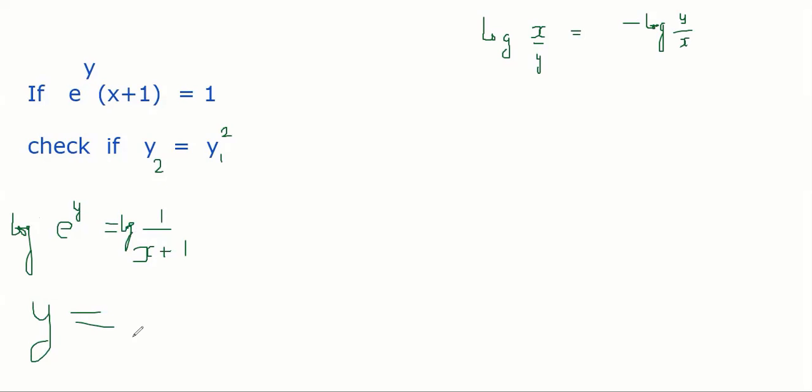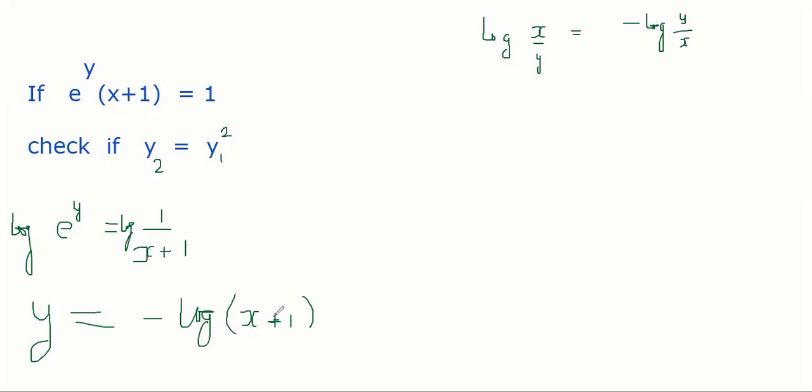What is log of 1 by x plus 1? Minus log of x plus 1. I reciprocalled 1 by x plus 1. So now it becomes so easy. y equal to minus log of x plus 1. Sorry, not x minus 1, x plus 1, that was a typing mistake.